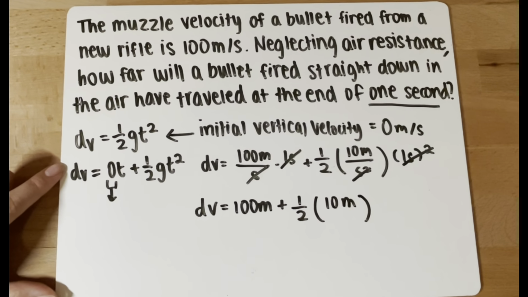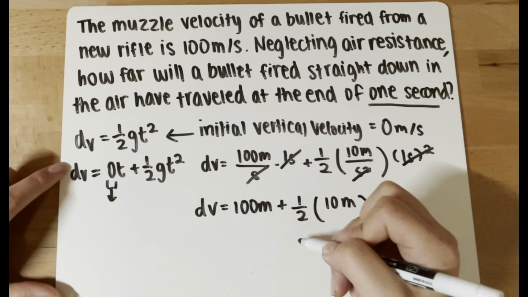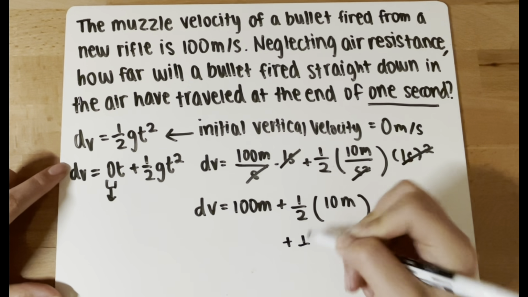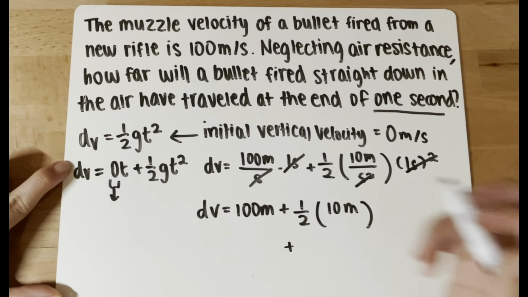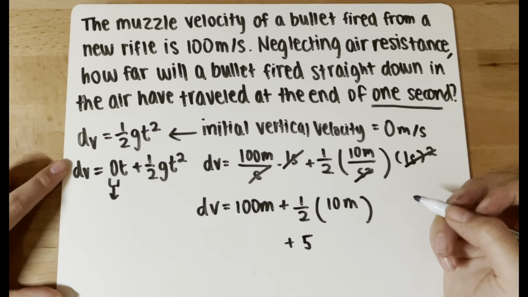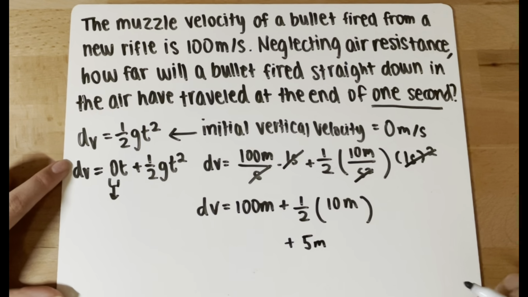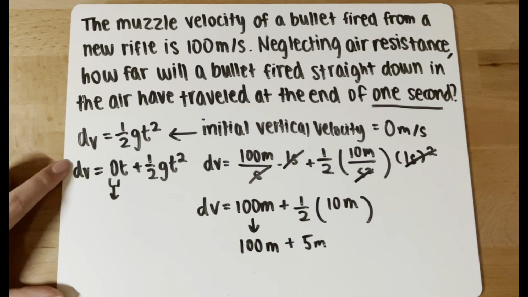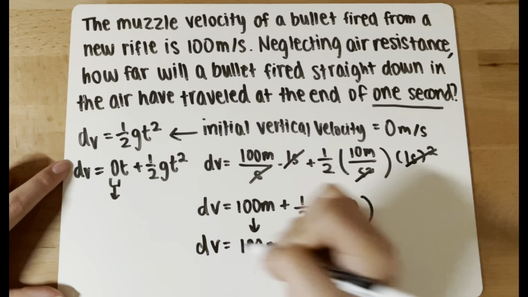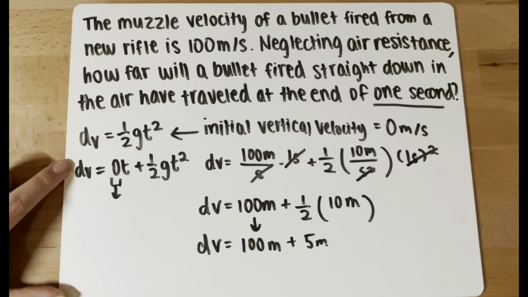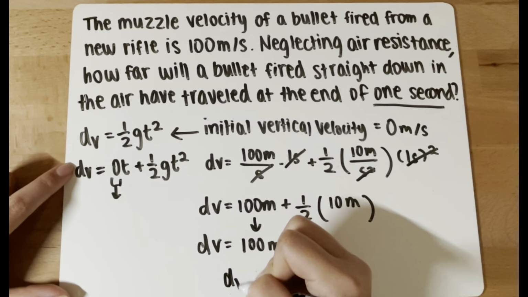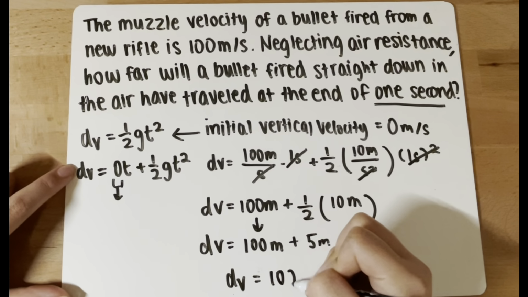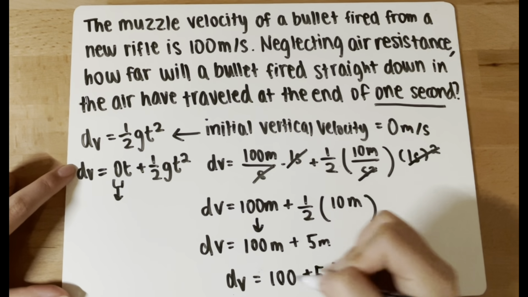And we know that 1/2 times 10 is 5, so this would be 5 meters. And drop this down, 100 meters plus 5 meters equals dv. So the distance of the bullet being fired straight down at the end of 1 second will be 100 plus 5 meters.